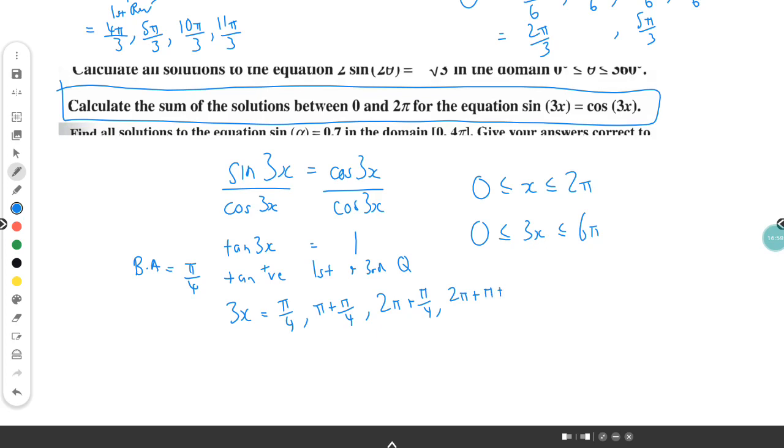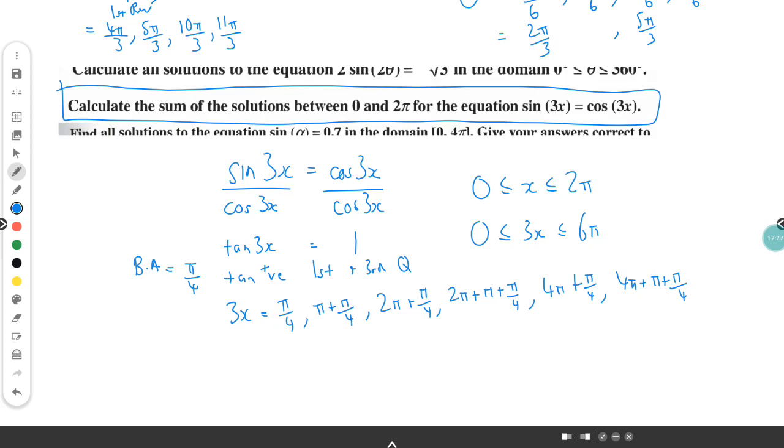So I'm adding 2 pi to both of those. What do I add for the third rotation? Careful. 4 pi.